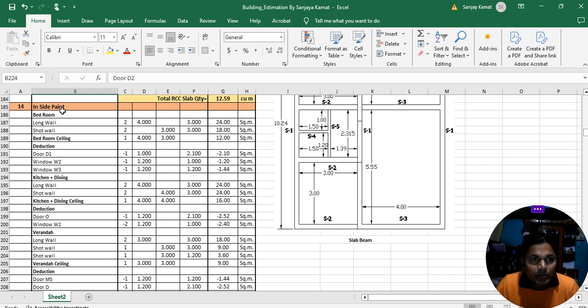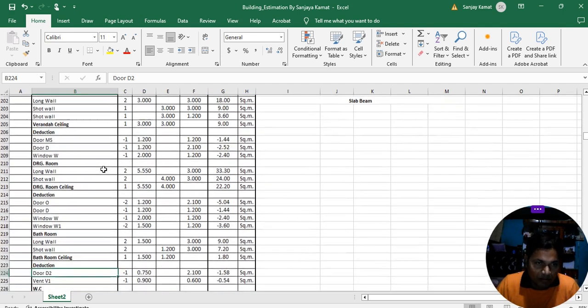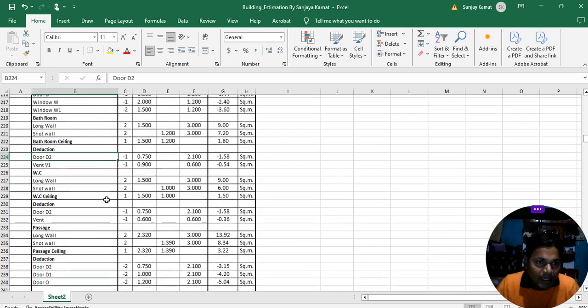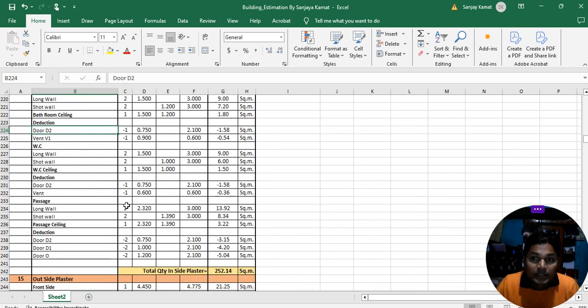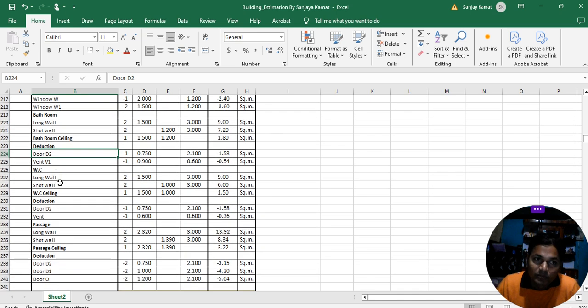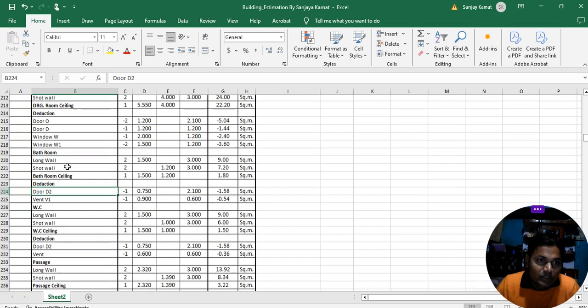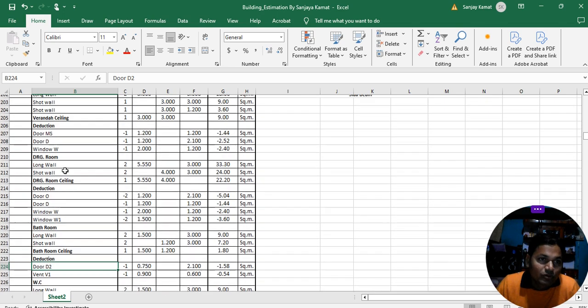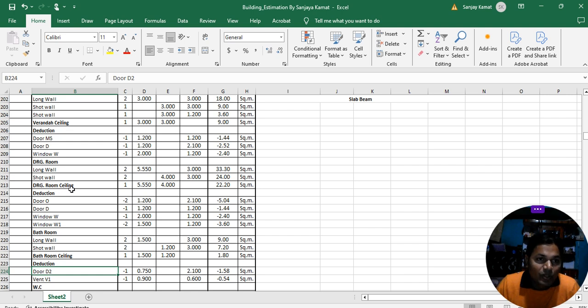See, inside paint means if we paint the inside only, then how much paint is required? These things come under this. After doing the calculation, we need paint for everything: the ceiling, the passage, the bathroom ceiling, and the drawing room ceiling.